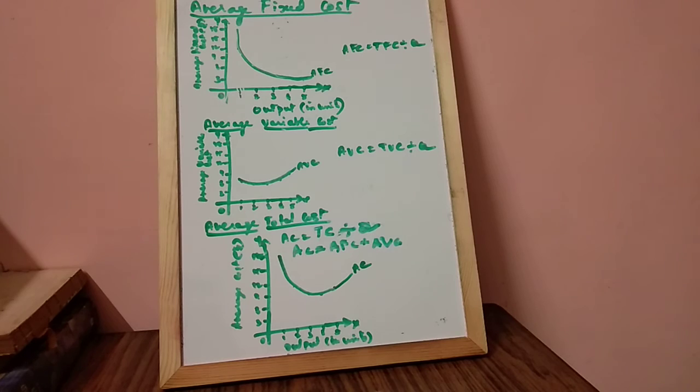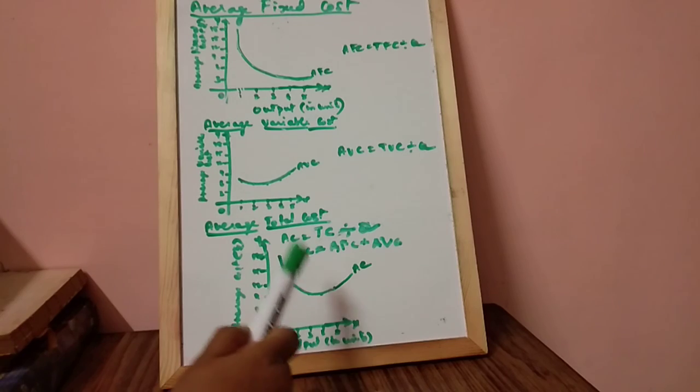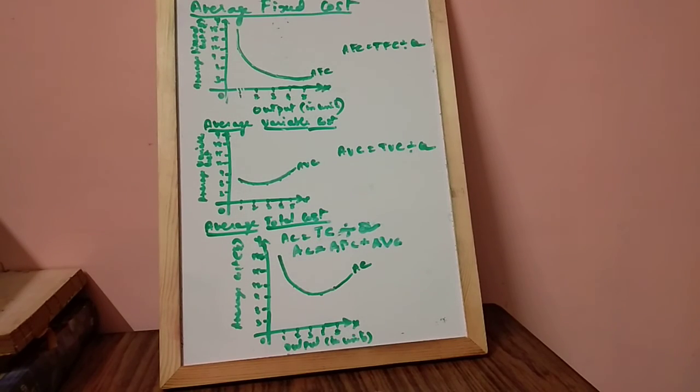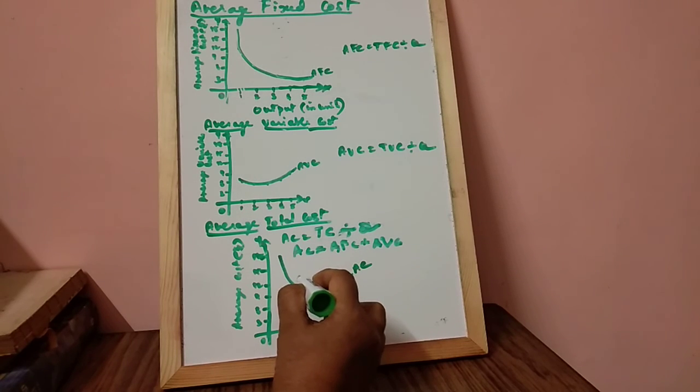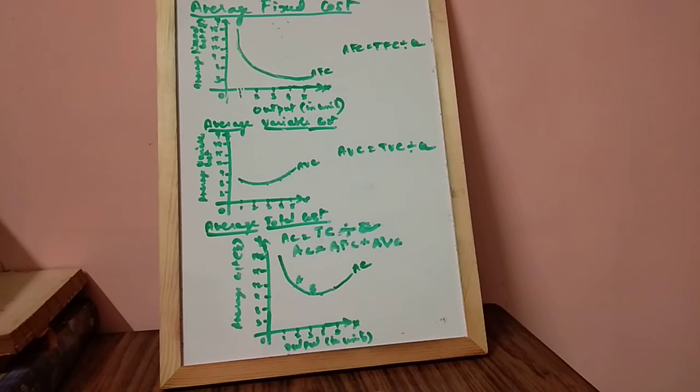When both AFC and AVC fall till the level of 2 units of output, AC also falls, that is till point A. Then point B. From the second unit to the third unit, AFC continues to fall, but AVC remains constant, so AC falls.